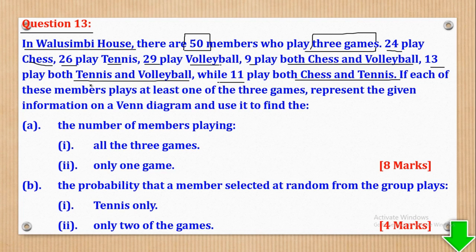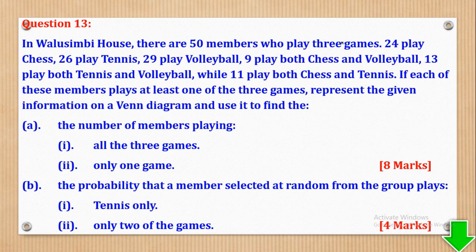If each of these members plays at least one of the 3 games, represent the given information on a Venn diagram and use it to find, part A, the number of members playing Roman 1 all the 3 games, Roman 2 only 1 game, and part B, the probability that a member selected at random from the group plays tennis only, Roman 2 only 2 of the games.